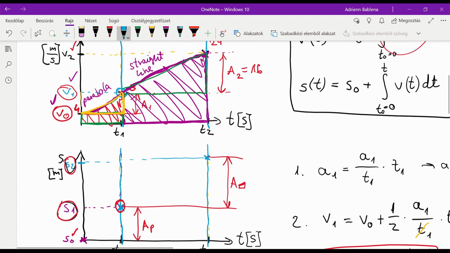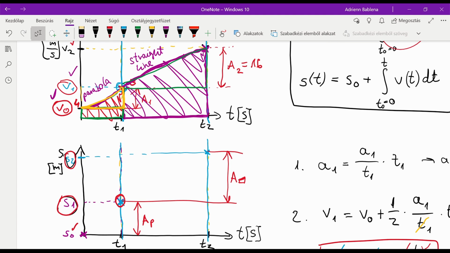In the velocity function, you can see in the second section a first order function, a linear function, a straight line. So you have to draw a quadratic parabola here, and in the first section you can see a quadratic parabola, so you can draw a third order or third degree parabola here.